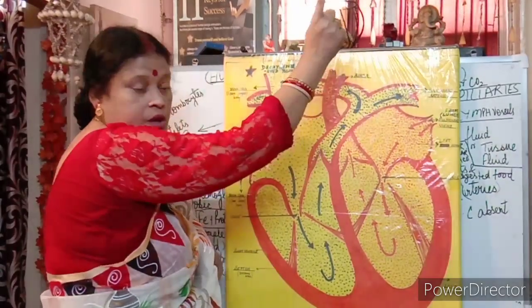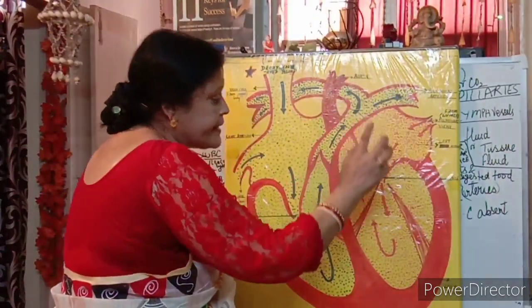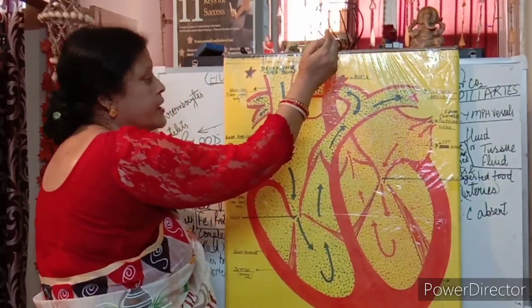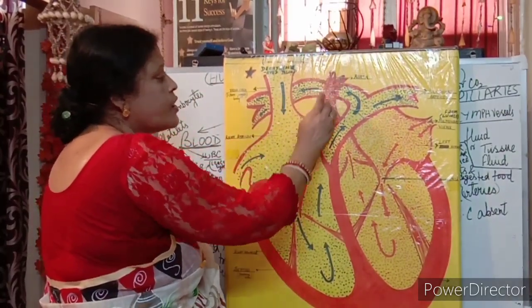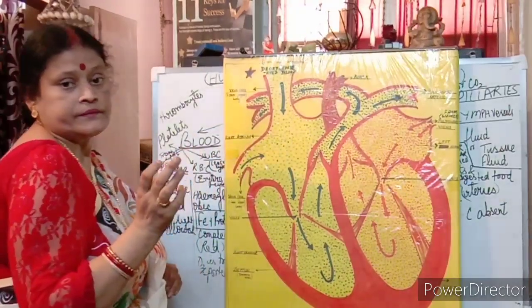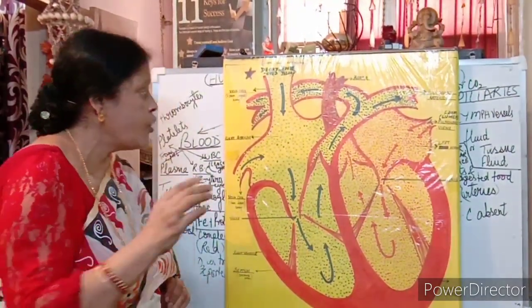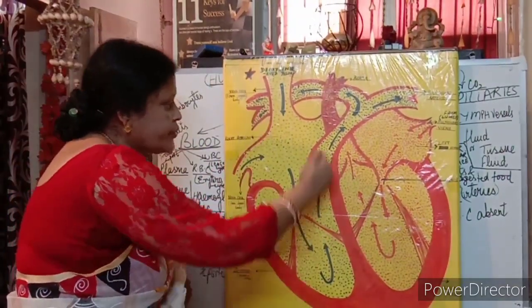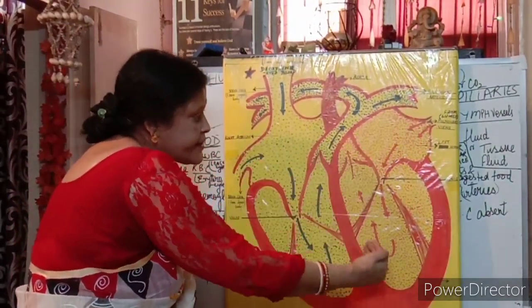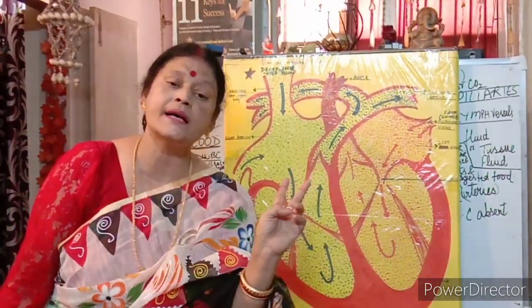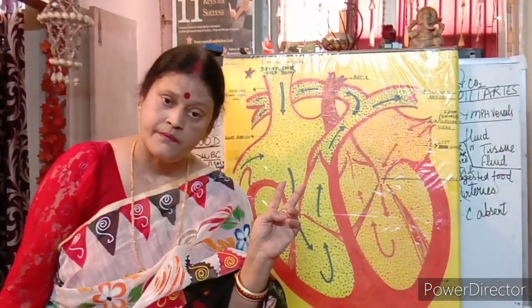This is the exception. To the lungs. And oxygenated blood will rush to different parts of the body through a large vessel called aorta. Right? Since the circulation takes place twice. How? First it is entering and then circulating. Here the red blood cell is entering and circulating. Since the circulation takes place twice, it is known as double circulation.